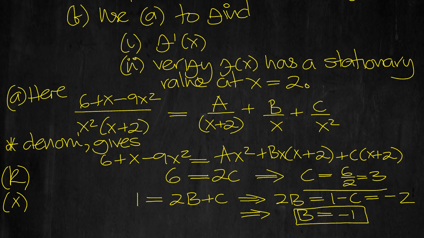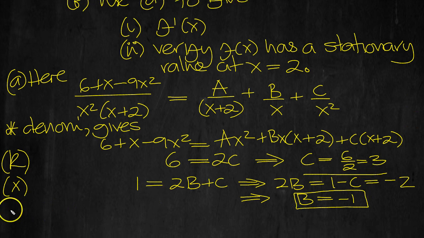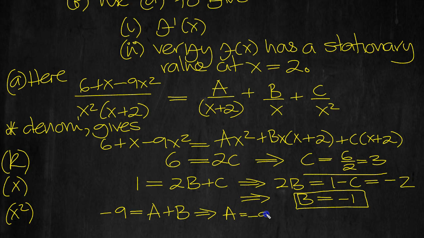So there's B. Now we compare x squareds to get A, can't we? Minus 9 is equal to A here, lots of. And we've got a B lots of. So that tells us that A is equal to minus 9 minus the B, isn't it? We move it over. B is minus 1, so it's minus 9 plus 1. Minus 8.